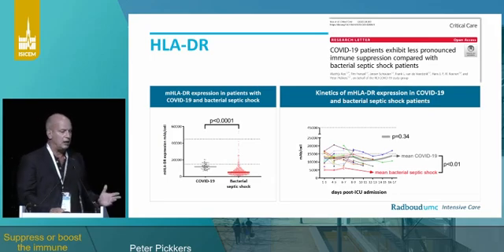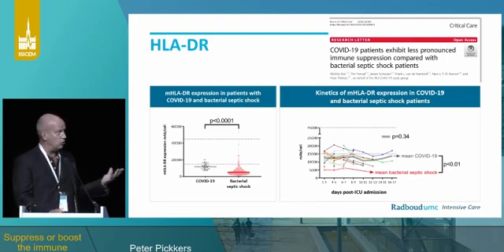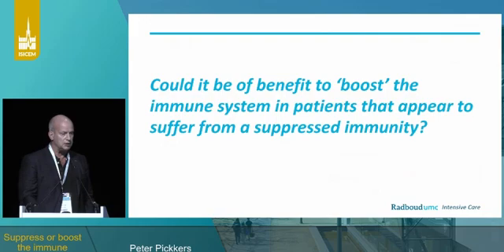And also over time, it remains the same, as you can see on the right side of this slide. So there is some immune suppression, but it's not very pronounced. And this was during the first wave when the patients did not receive any immune modulating drugs. So it can be more pronounced now if we treat them with steroids or anti-IL-6 antibodies.